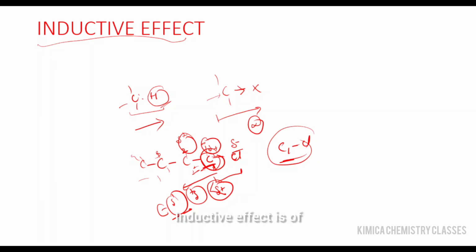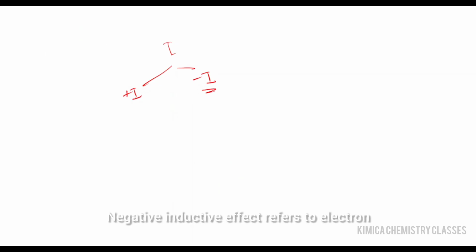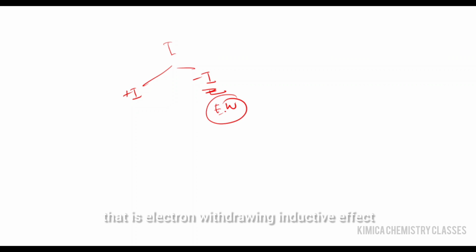Inductive effect is of two types: positive inductive effect or negative inductive effect. Negative inductive effect refers to electron withdrawing inductive effect, and the positive one refers to electron releasing inductive effect.